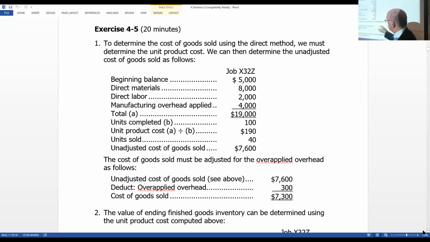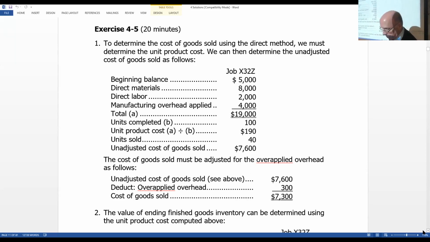The unadjusted, which we just figured out, 7,600, and then we subtract that 300 because that's an overestimate. The actual cost is only 7,300. It's currently on the books at 7,600. We have to get rid of that 300 to bring it down to the 7,300. So the actual cost, the one that goes on the annual report, 7,300.